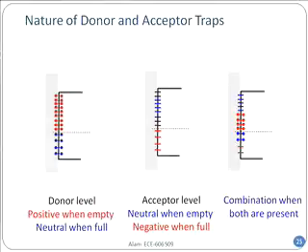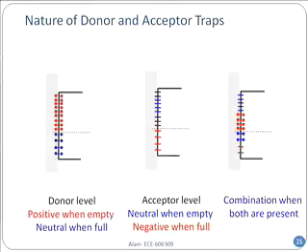If, on the other hand, you look at the middle panel, let's assume now that these are not donor-like. These are acceptor-like. What does an acceptor do? Again, in the middle panel, the dotted line is the Fermi level. The levels above, the small blue lines, are empty, above the Fermi level.